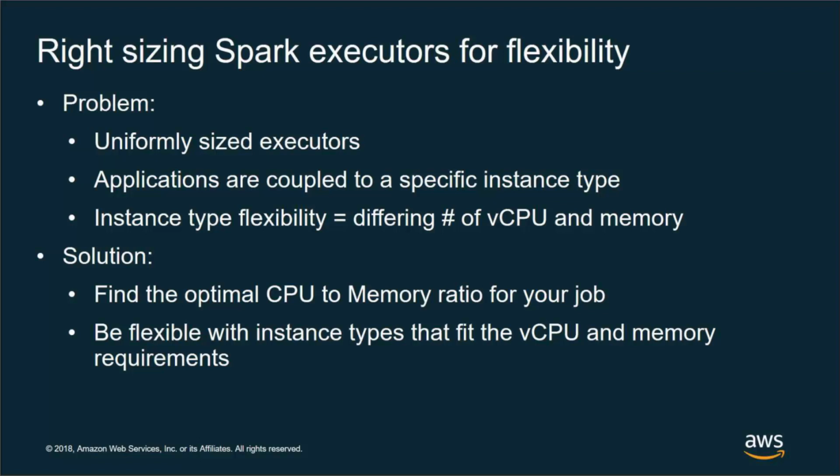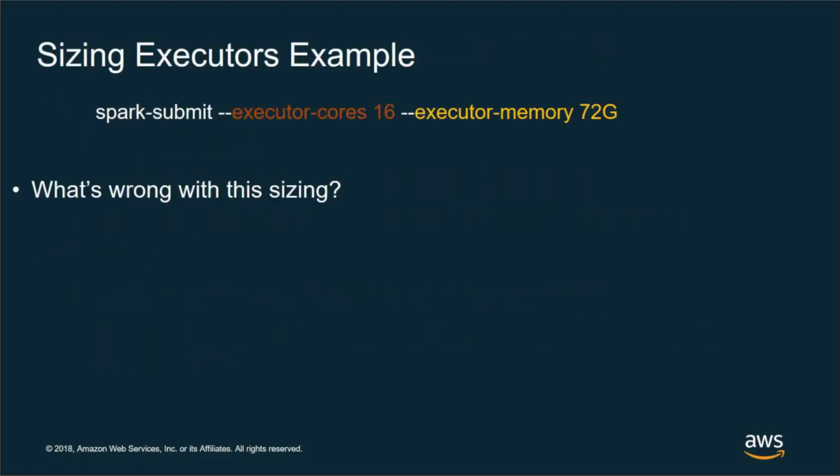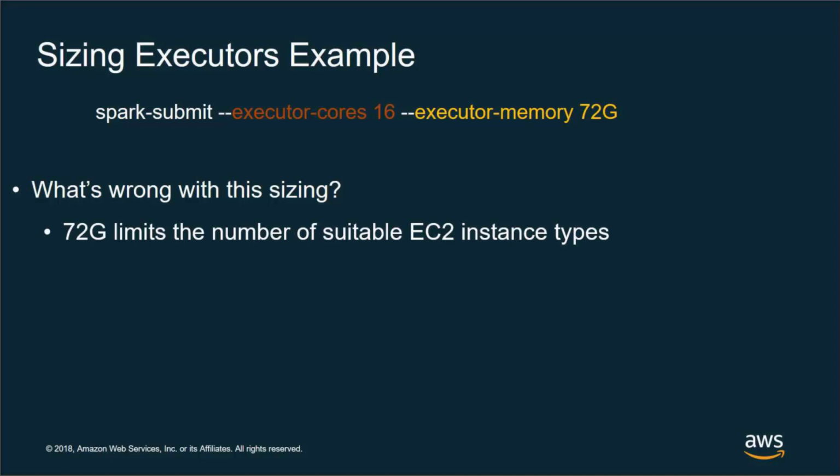Let's have a quick example. So let's say that today, either on-prem or on EMR, we're just submitting jobs with 16 cores. We're requesting 16 cores from the instance types that we're going to use and 72 gigs of memory. The problem is that this really limits us to instance types with a very high amount of memory.